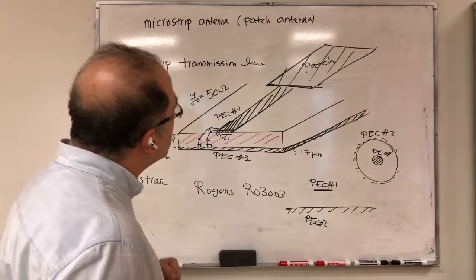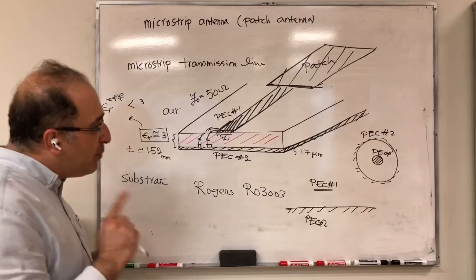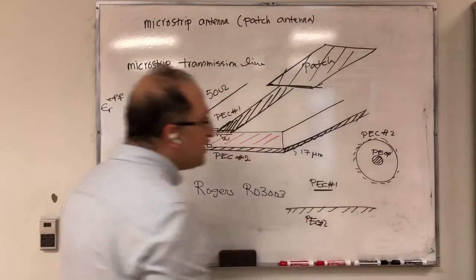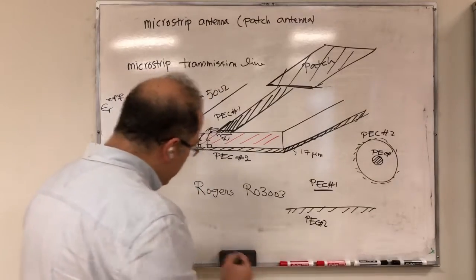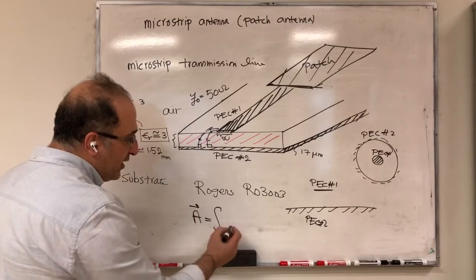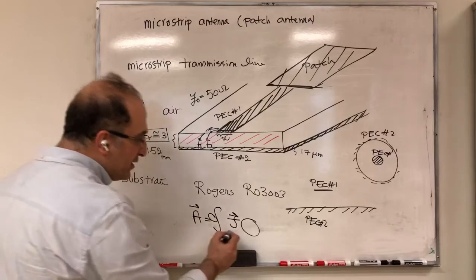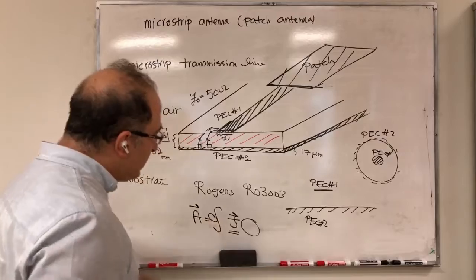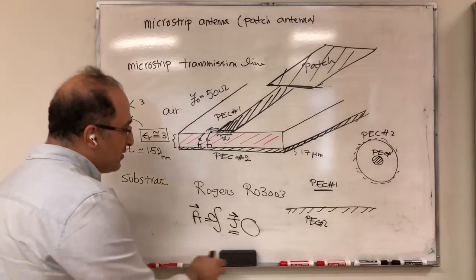So now let's go to our antenna. But before that, let me also mention something else. The reason that these transmission lines are not radiating is that we have current cancellation. When you go to your A, which is the integration, and in the integration you have J's multiplied by some other things, these J's cancel the effect of each other, one this way, the other this way, so you don't get radiation from this transmission line.